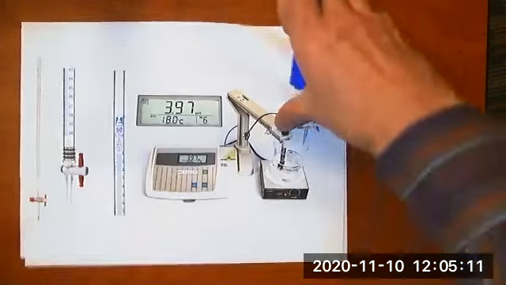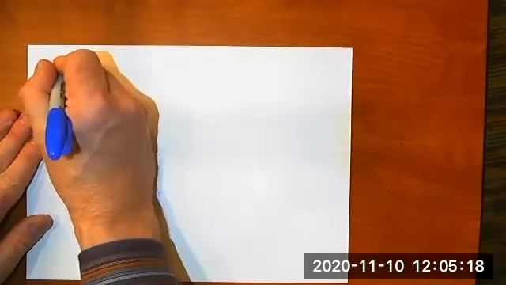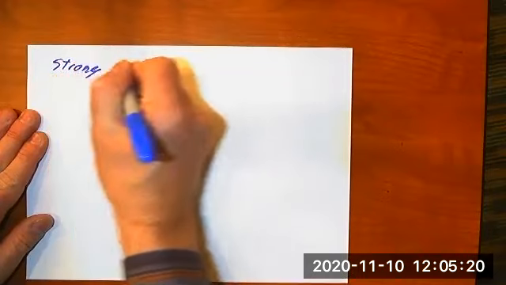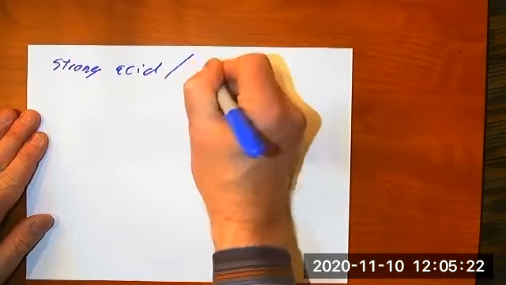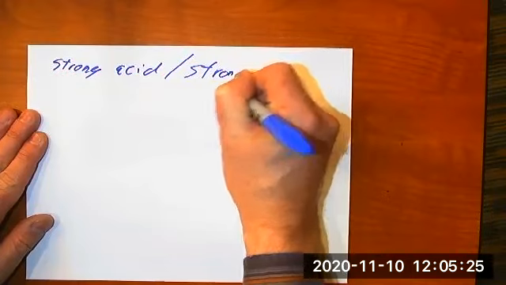Okay, so what we are going to do is start with the simplest type of titration, which is a strong acid, strong base titration.